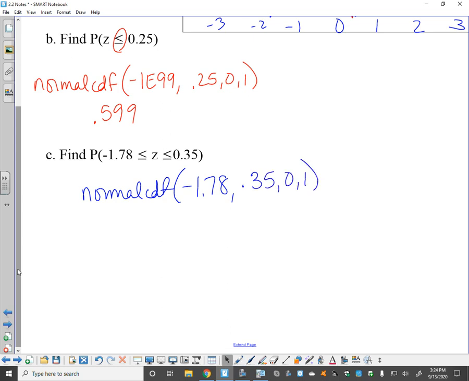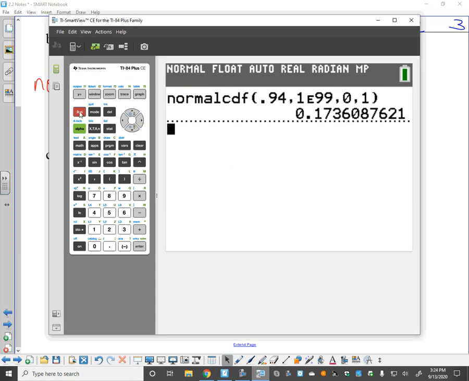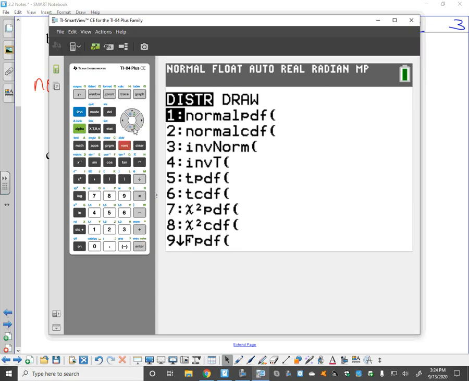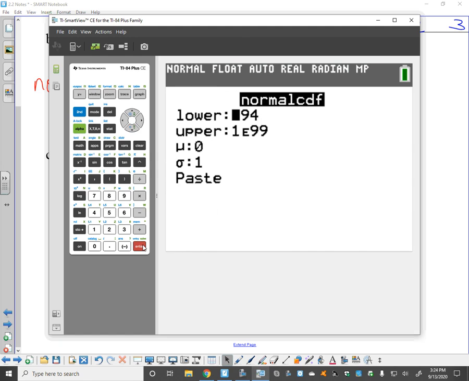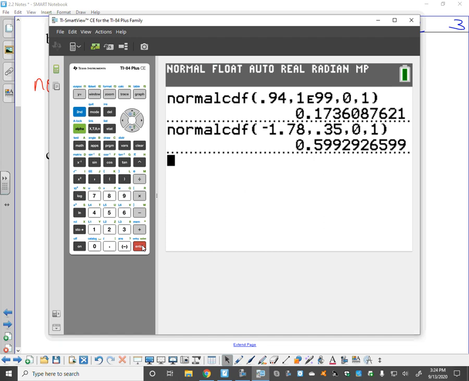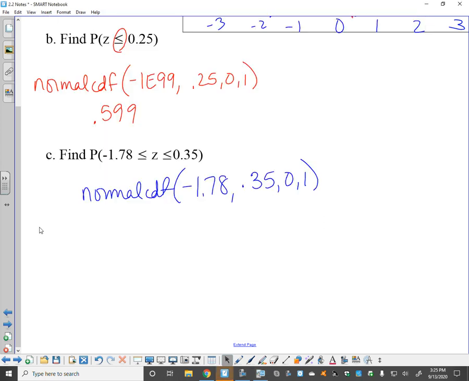No infinity here because it's bounded on both sides. Normal CDF, negative 1.78, 0.35, 0, 1, 59.929%, or 0.599, either one.